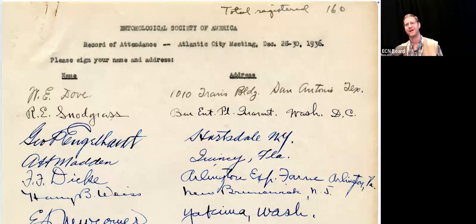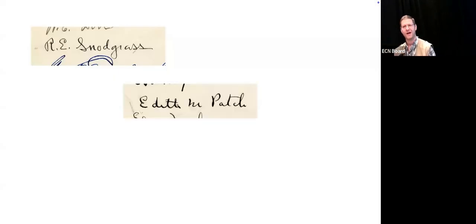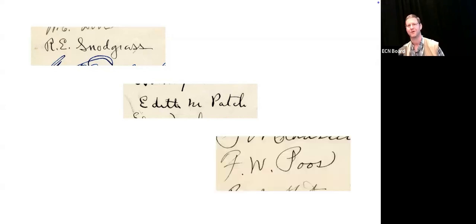This was literally in a building with no pest control, no air conditioning, in Florida. When you run through this, 1936, Snodgrass was there. And Edith Patch, the first female president of the Entomological Society of America. She was an aphid researcher up in Maine. There's a magnificent biography of her. Frederick Poos, inventor of the pooter. Some of you incorrectly call it an aspirator.